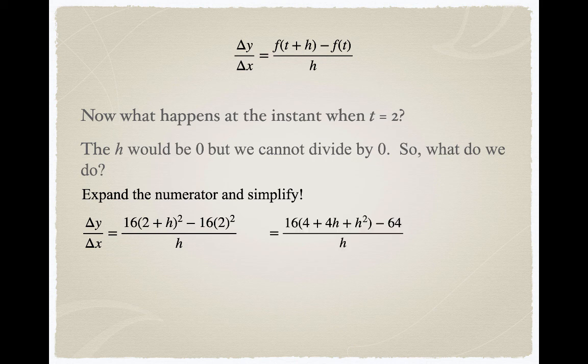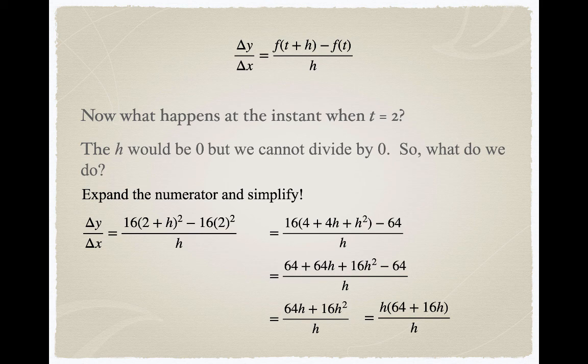And then we expand our (2 plus h) squared; it becomes 4 plus 4h plus h squared. We simplify further, and now we combine our like terms, and we are left with 64h plus 16h squared over h. We can factor out an h, and after we factor out an h, we can cancel the h's, and we're left with 64 plus 16h.